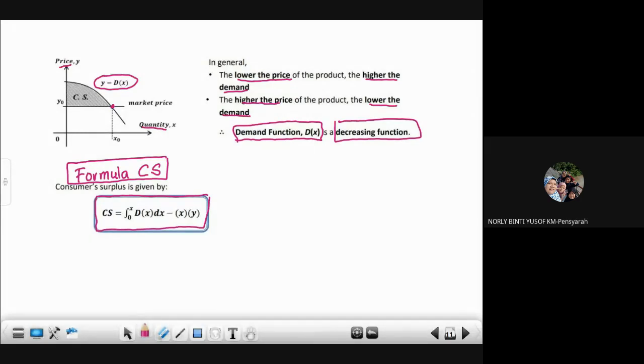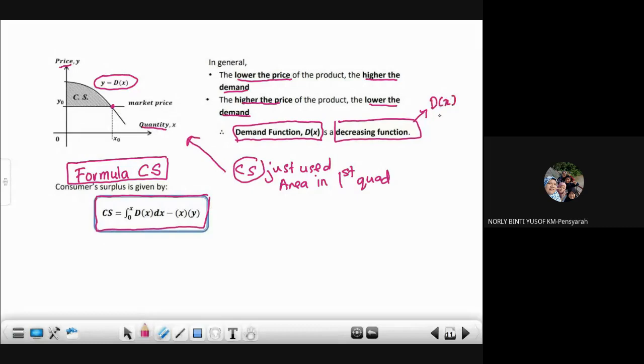Okay. Dan selalunya you punya CS ni, before I forgot, CS ni selalunya just use area in first quadrant. Walaupun nanti kadang-kadang graf dia lalu kat first and second kan, tapi kita cari CS selalunya first quadrant. Tapi kalau area integration kita melibatkan second quadrant jugalah kan. Depends pada soalan lah, kalau tak cakap apa-apa dan kita akan kira lah second quadrant tu. Okay, lepas tu sama ni kalau decreasing function ni usually involve, kita ada dua, tak semestinya kuadratik.